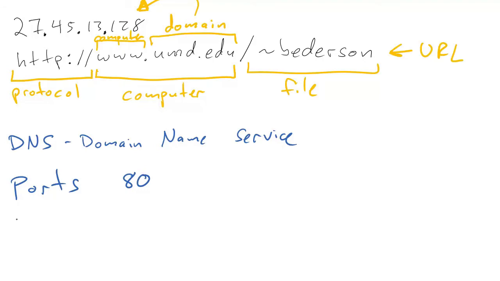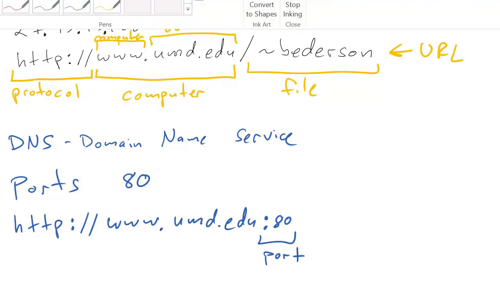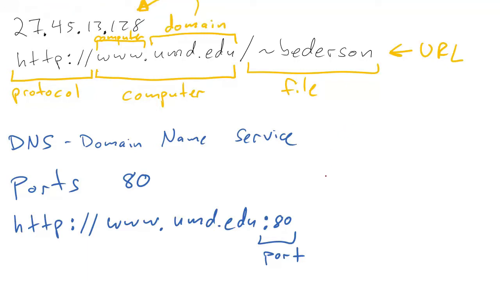This is relevant because you can change what port you're asking for service on by adding one extra part to the domain. If we asked for www.umd.edu:80, then this right here is the optional port. And if you don't specify the port, then you get the default one, which, as I mentioned, for the web is 80.